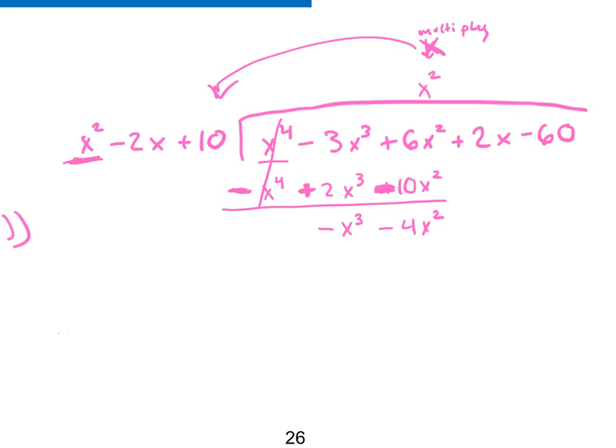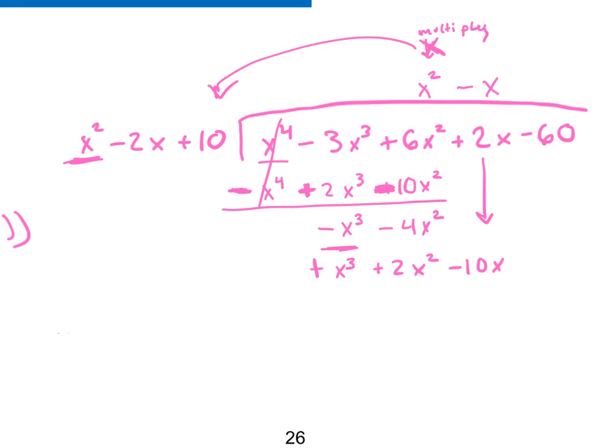Now what times x squared gives us negative x cubed? Negative x. So we multiply this negative x times everything out front. So we have negative x cubed plus 2x squared minus 10x.